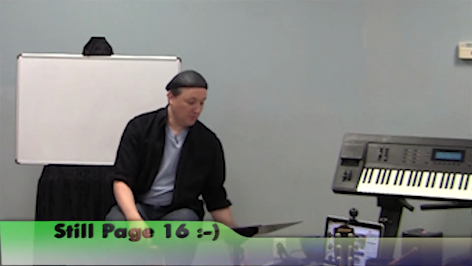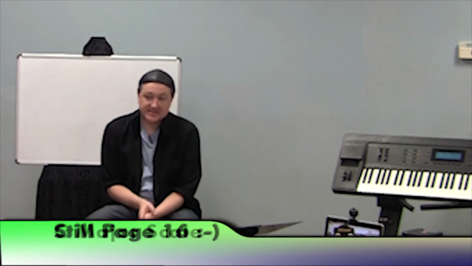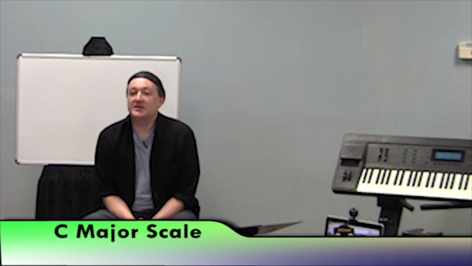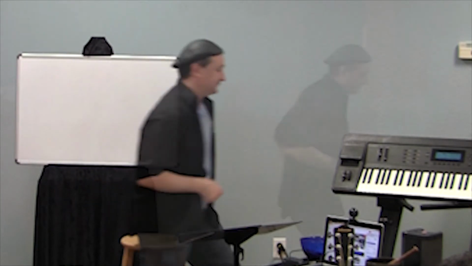Okay? So page 11, let's create a C major scale, because now I'll throw this in as a freebie up front, but it's going to get explained later. We start with C because the C major scale doesn't include any black keys, as we're about to find. So you don't have to worry about those nasty sharps and flats right up front. Okay, so heading back over to the keyboard for a second.